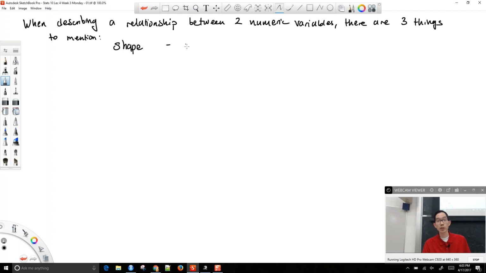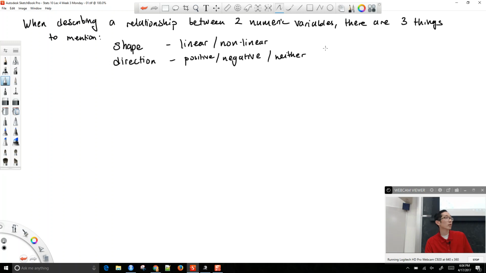As far as shape goes, we can have linear or nonlinear. We can talk about the direction. The direction can be positive, negative, or neither. And the last thing we want to talk about is the strength. We said this can be strong or weak or something in between, moderate maybe.